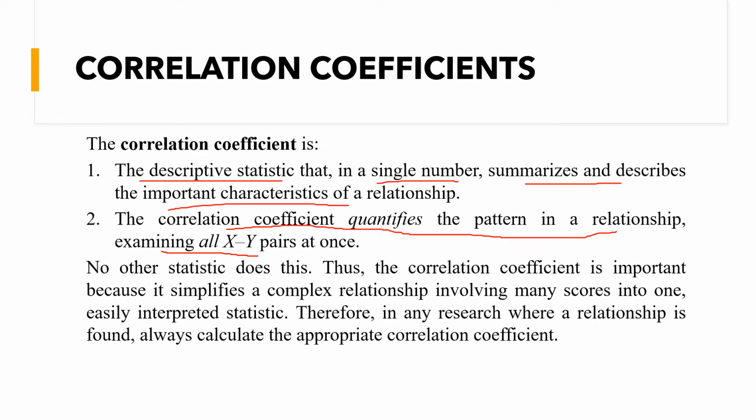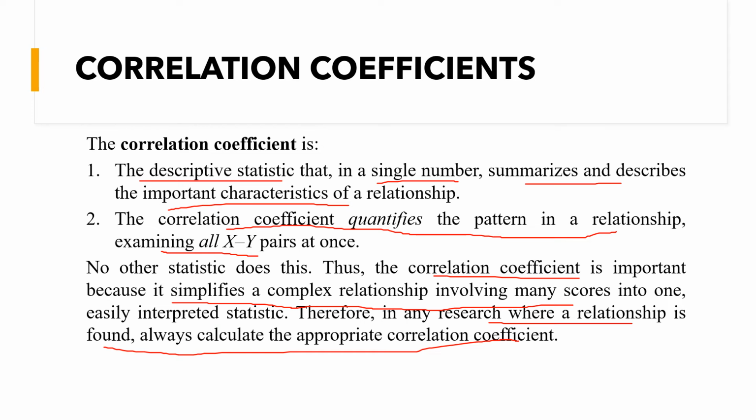So the correlation coefficient is very important because it simplifies a complex relationship involving many scores into one easily interpreted statistic. If we have thousands of pairs, we convert them into a single number to interpret our result. Therefore, in any research where a relationship is found, always calculate the appropriate correlation coefficient. So this is called the correlation coefficient.